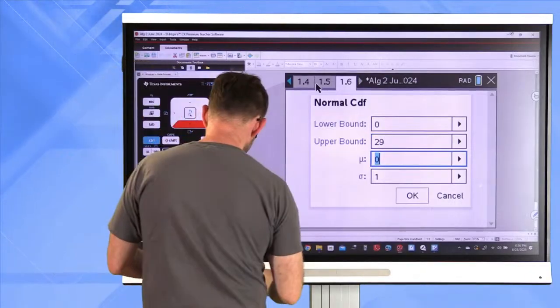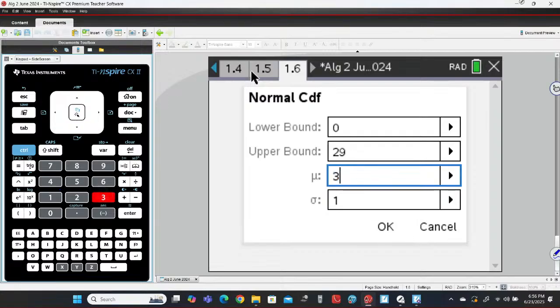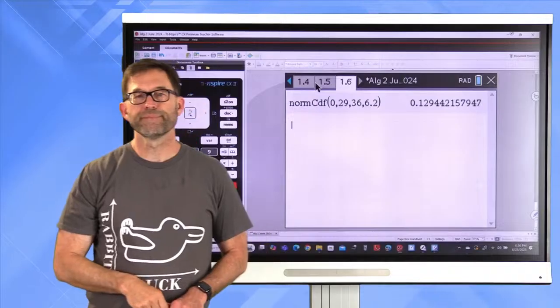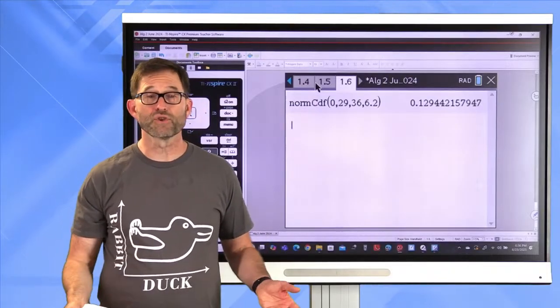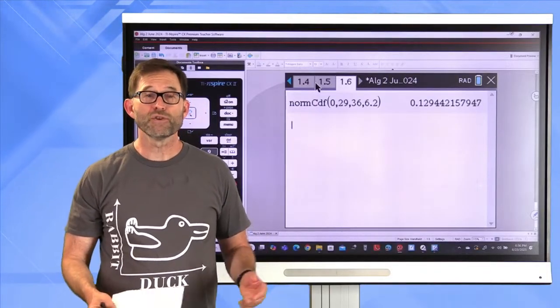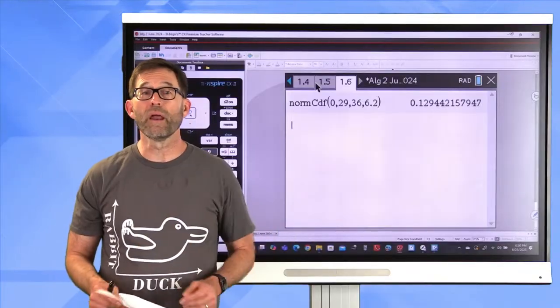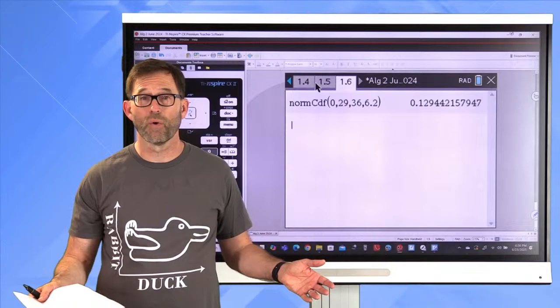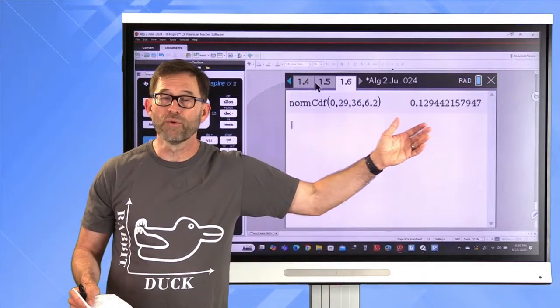Now the mean was 36, no question there, and the standard deviation was 6.2. And then I hit enter. Now what does that represent? That represents the percentage of the people that should be 0 to 29, all right, between 0 and 29 years old, 0.12944.